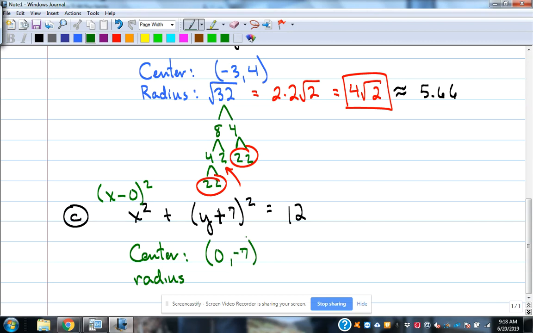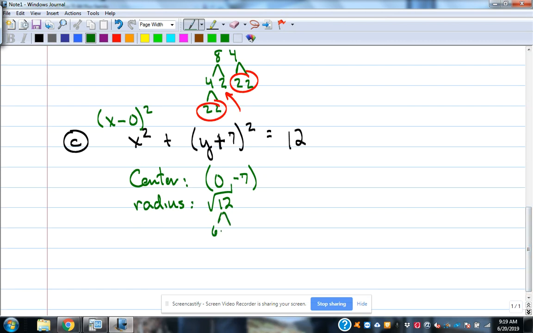-7. Good job. Yeah. So it's not incredibly strenuous stuff here. And then we're going to take the square root of 12, and we'd break that down with the factor tree like we did. 6 times 2, 3 times 2. There's a pair of 2's and a 3 left over.